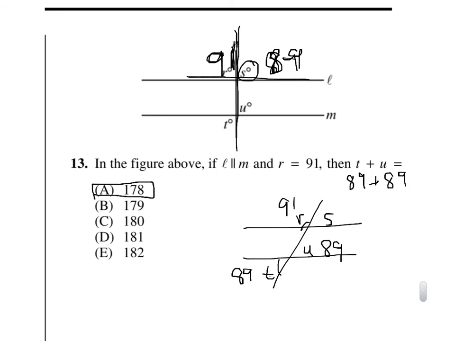Now, I'm going to have to resort to disgusting school words for these angles. S and U are what are known as corresponding angles, which means they're equal. And that tells us that U is 89. And, of course, 89 is also what T equals. 89 plus 89 is 178.